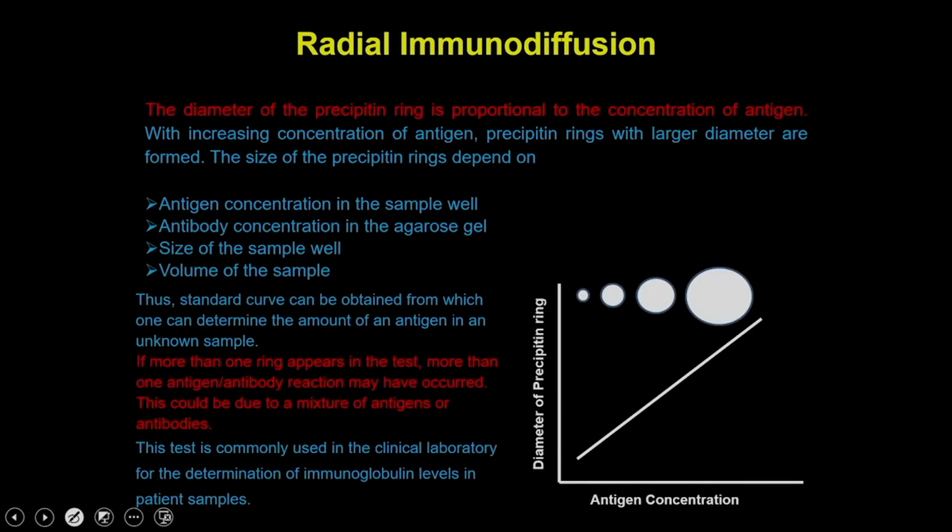How to perform this assay? Thus the standard curve can be obtained, from which one can determine the amount of antigen in unknown concentrations.